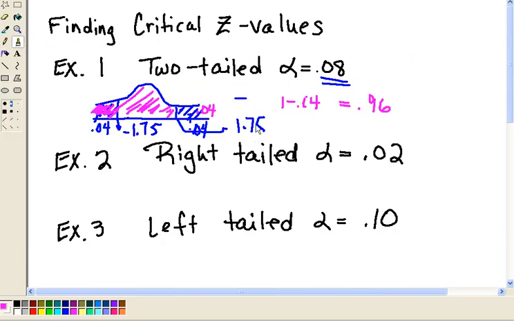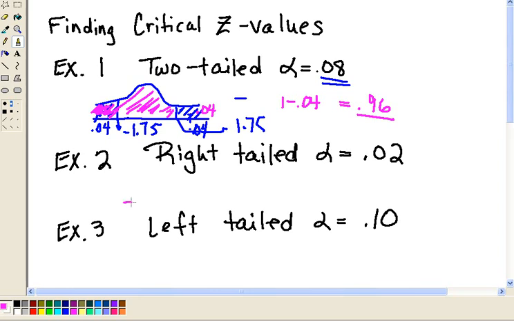So there are 2 different ways to come up with this value. Once you find one, if it's two-tailed, the other tail will be positive. Or if you want to find the area to the right, you take 1 minus the area, which gives you 0.96, and look that up in the table.